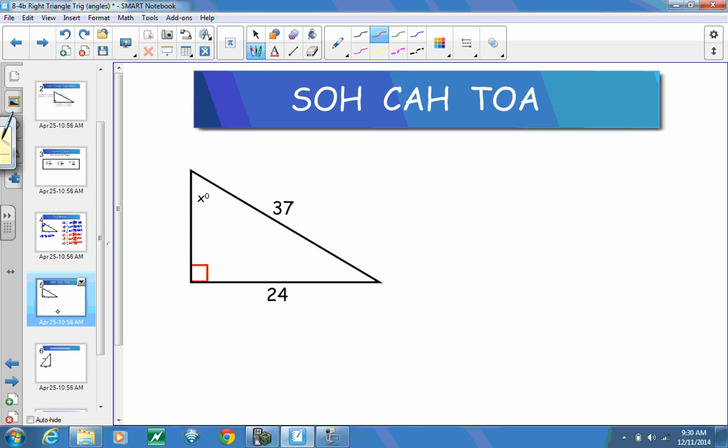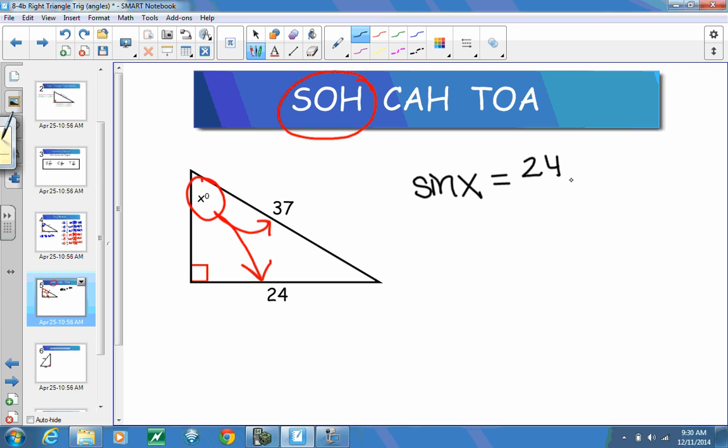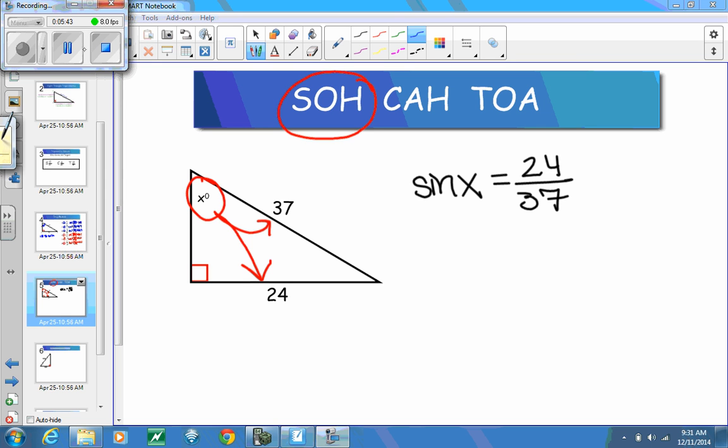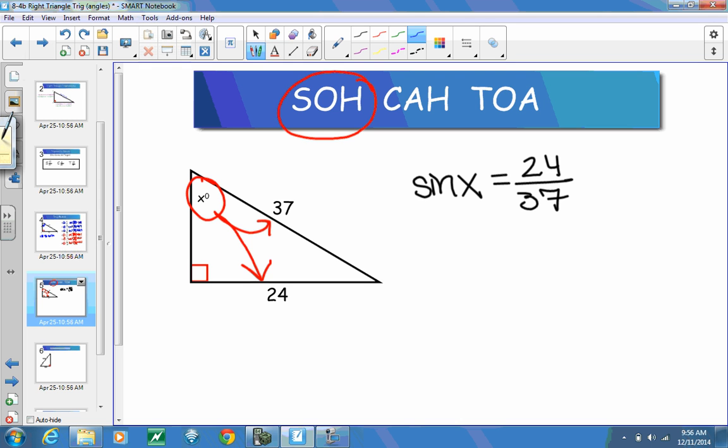Now if I go to this triangle where I'm trying to find x, based off of where x is, I'm given the opposite side and I'm trying to find the hypotenuse. Opposite and hypotenuse, we're looking at using our sine function. So we're going to use the sine of angle x is equal to 24 over 37.